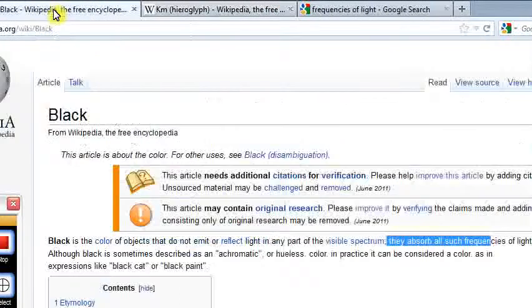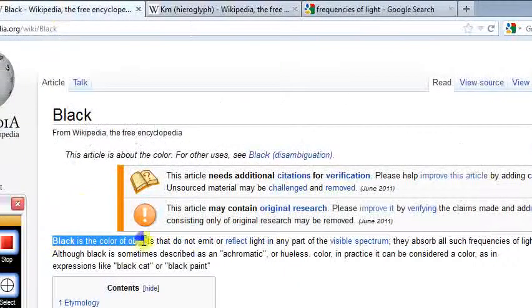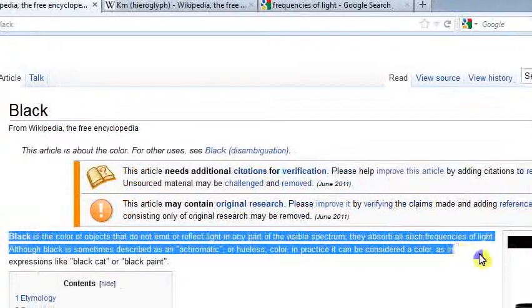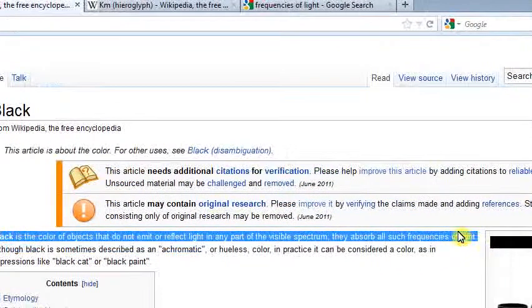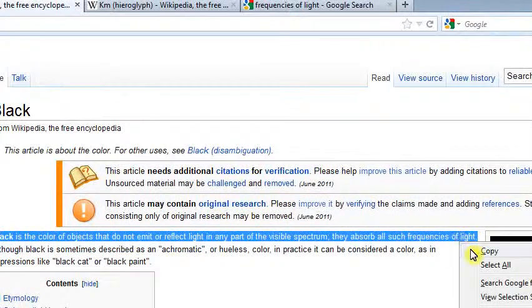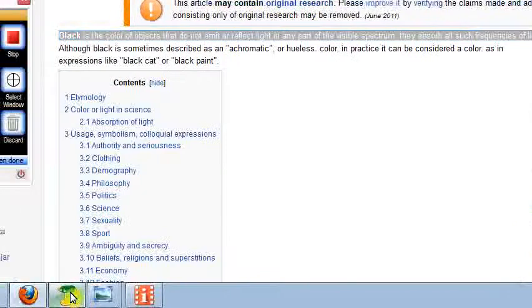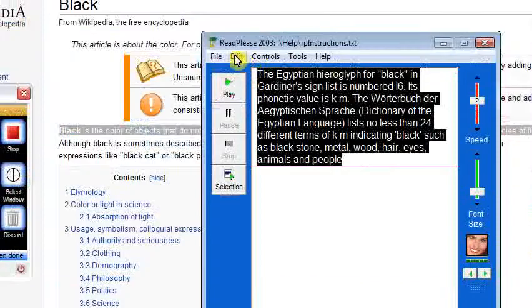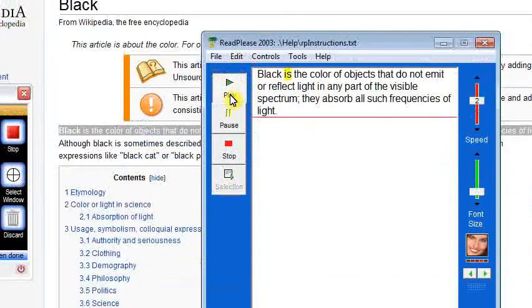So we go to Wikipedia here and look at the definition of black. We'll select this, copy and paste it into our reader here. Black is the color of objects that do not emit or reflect light in any part of the visible spectrum. They absorb all such frequencies of light.